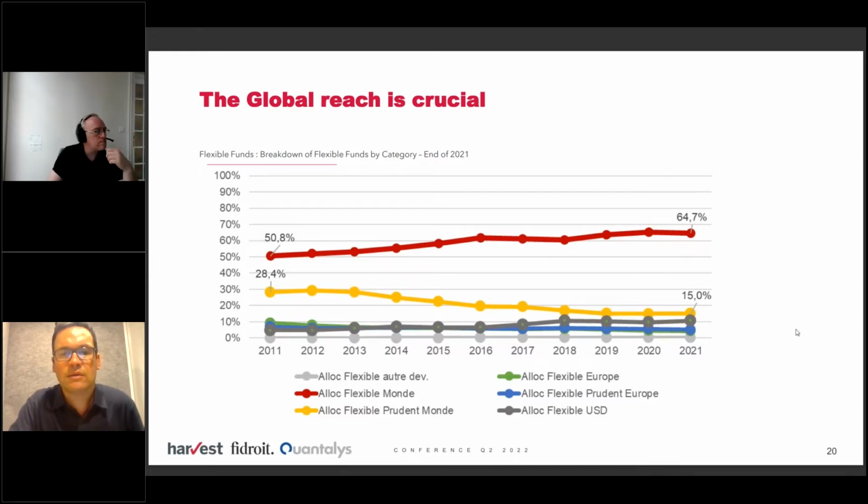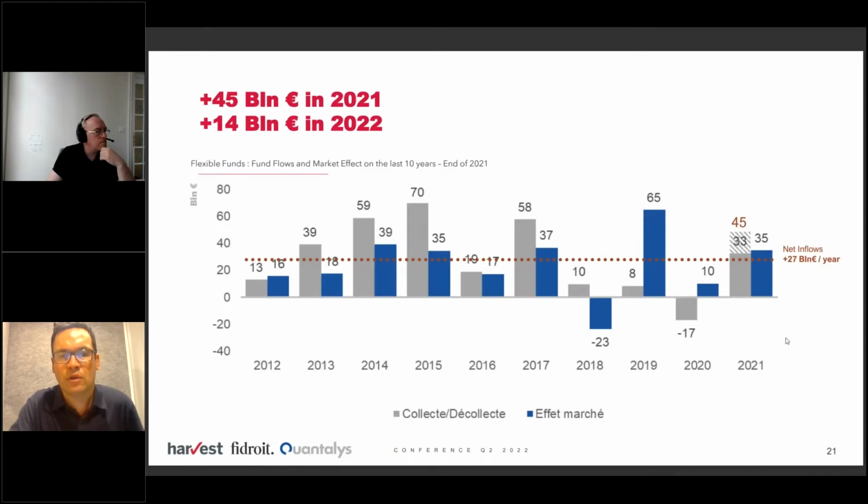Next slide. Always to understand the challenges, you have the net inflows, and you can see the market effect we detect at Quantalys. We split the market effect in blue and in gray the net inflows effect, I would say, still positive in 2022, as I said before.